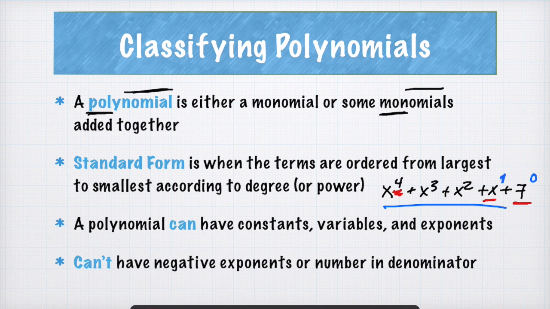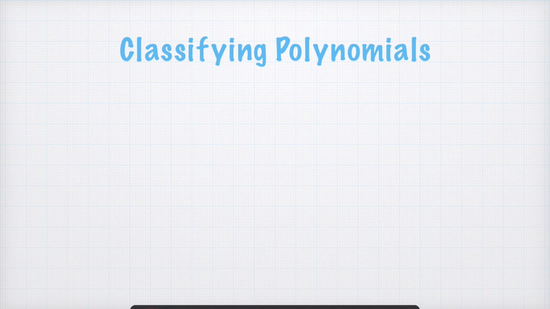But they can't have negative exponents or variables in the denominators, because that'll just kind of change up some stuff. So you can't have a negative exponent, or you can't have the variable in the denominator, because it turns it into a different thing. And we'll go over that, I don't know if this year, but it might be next year, and if not next year, it'll definitely be in Math 3.